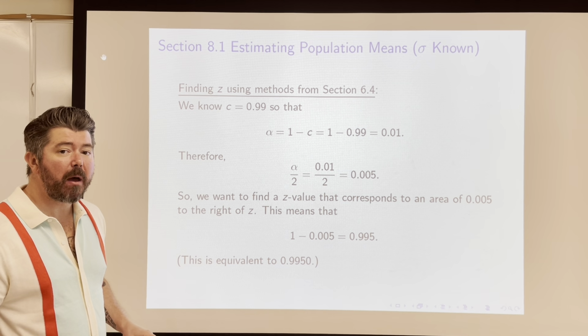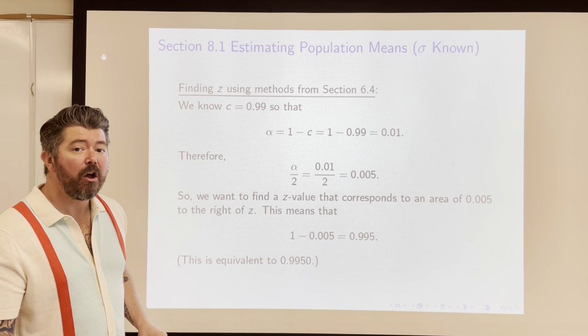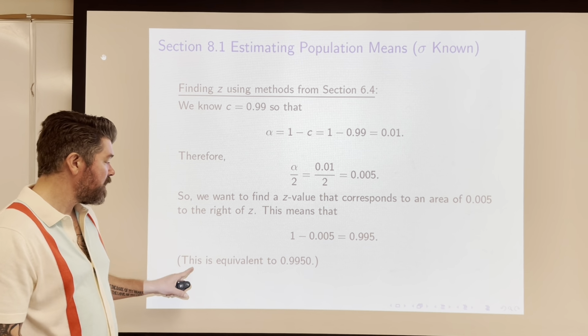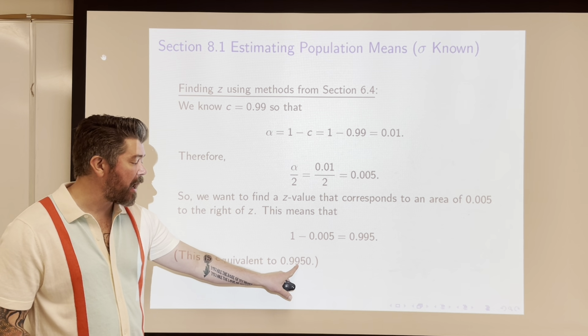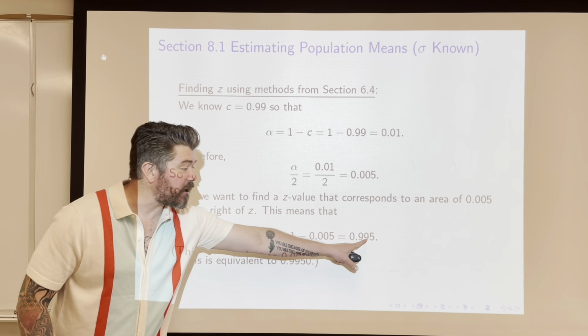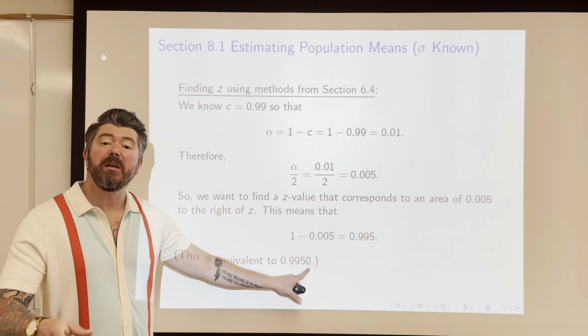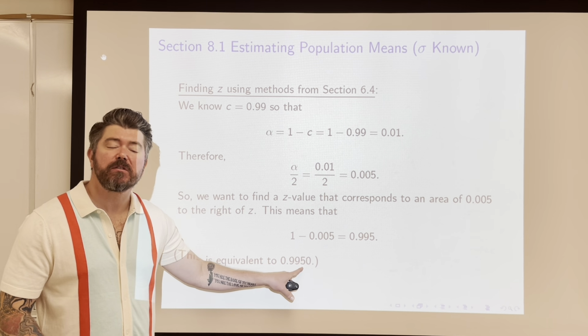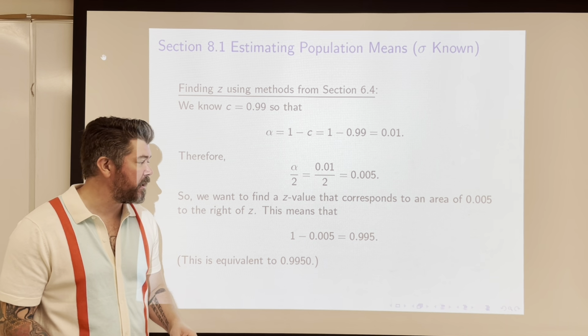Because our table, remember that tables A and B only give us values for areas to the left, okay? So this is equivalent to 0.9950, and I'm going to tack on that extra 0 because in my table, I always have 4 decimals, so I want to mimic my 4 decimals here.